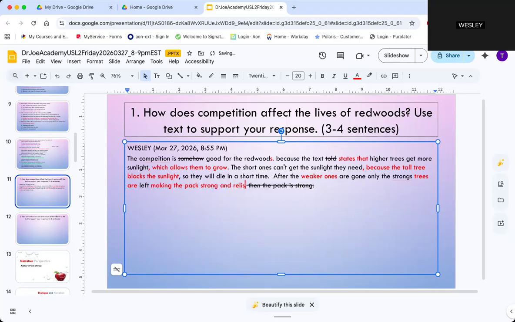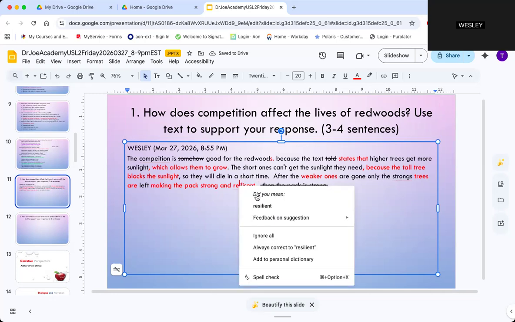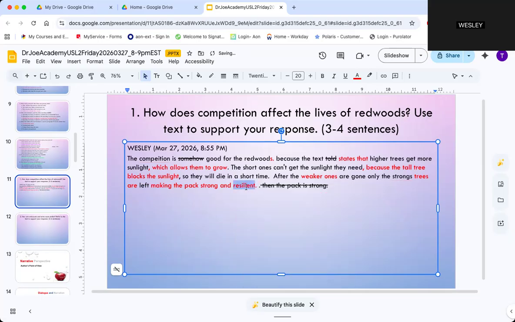Do you know what resilient means? I don't really know. Okay, resilient is a new word I added. It means to survive even in the toughest situations.